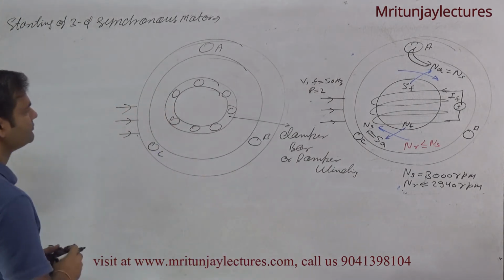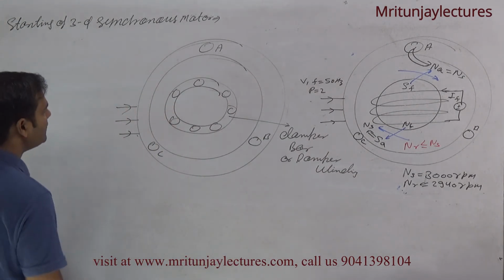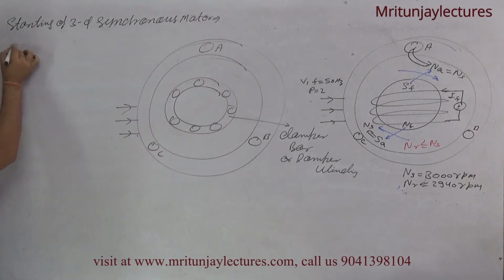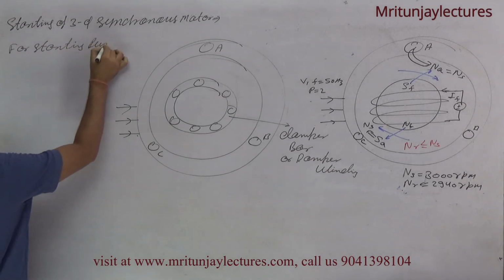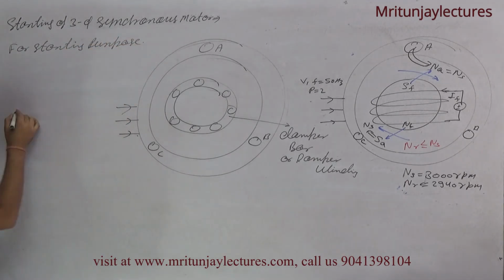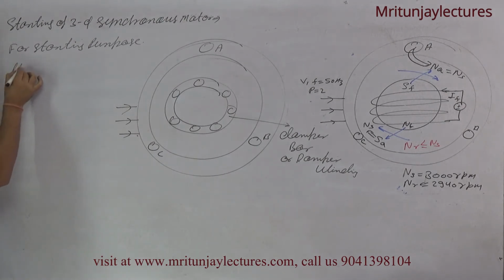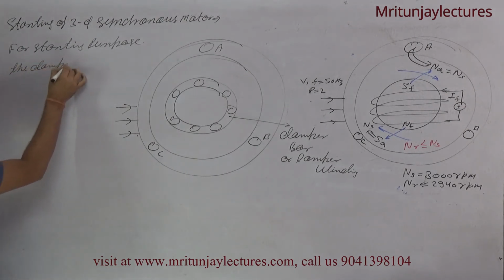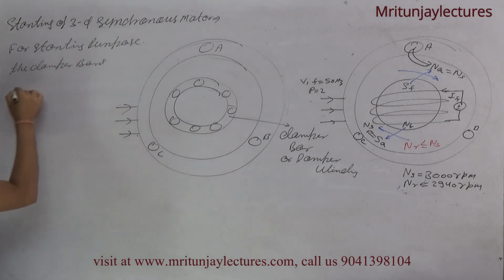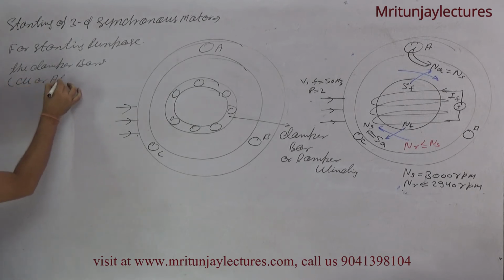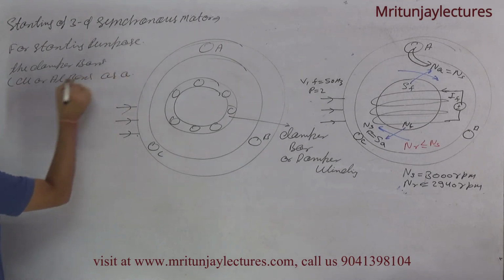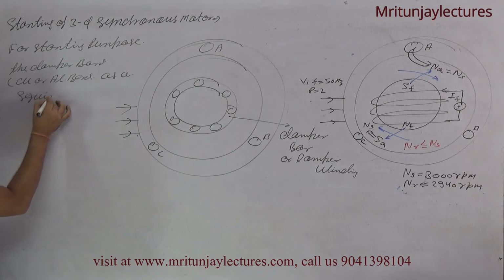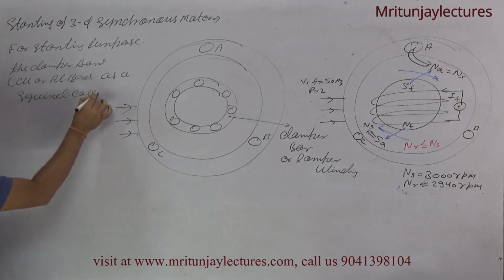Now, you can say that for starting purpose, the damper bars, that is copper or aluminum bars, are provided in the rotor as a squirrel cage rotor.